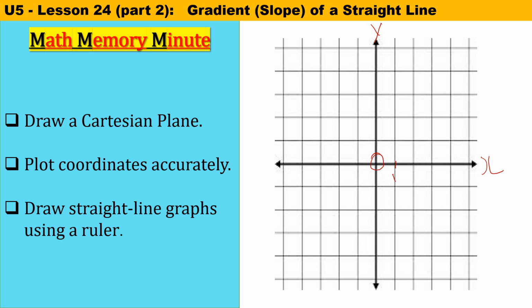So here we have 1, 2, 3, 4, and 5, and you keep it negative, and 5. And when you draw your straight line graph, let's say you plot your points at 2, 3, and you plot your point at negative 2, 3.